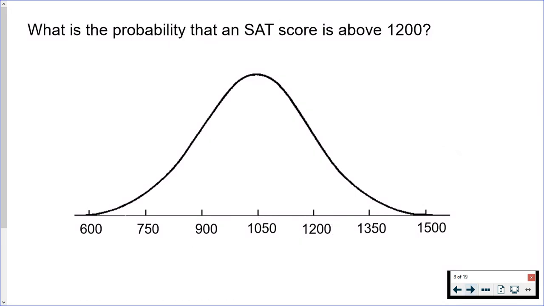For this next one, it says, what's the probability that an SAT score is above 1200? Asking for the probability is the same thing as asking what percentage of scores are above 1200. So if we find 1200 on our curve, we want everything above 1200. There are a few ways that you can figure this out. I'm going to show you one way. Now, this entire curve is 100% of the population.